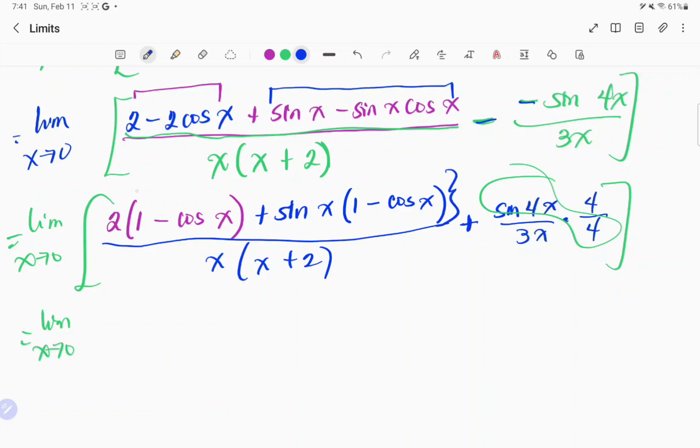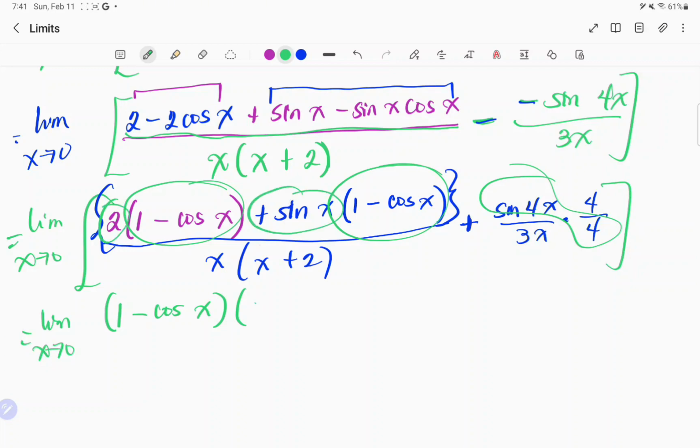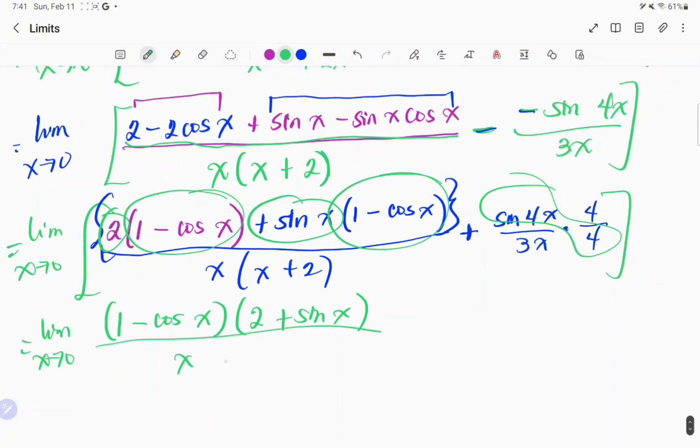This numerator has a common factor, and the common factor is 1 minus cosine x and 1 minus cosine x. So I have to move it out, and the remaining factor will be 2 plus sine x, 2 plus sine x. There you go. Over x times x plus 2.